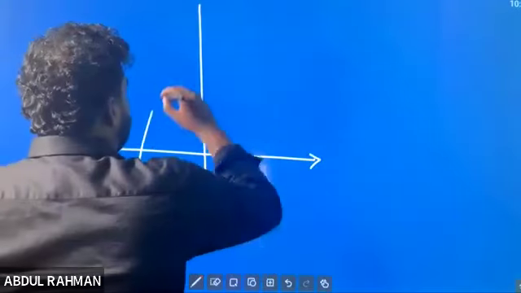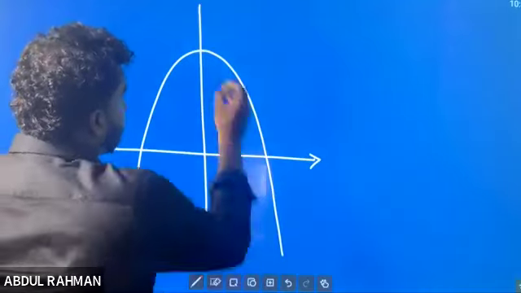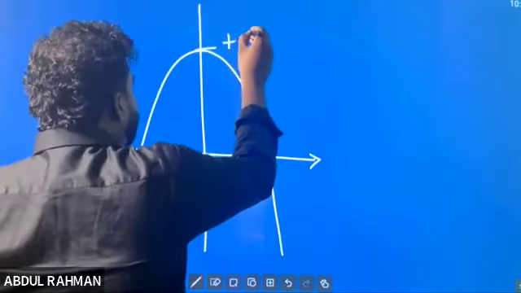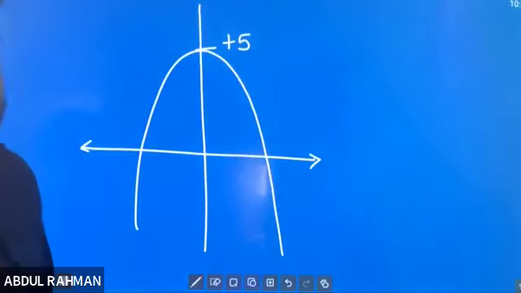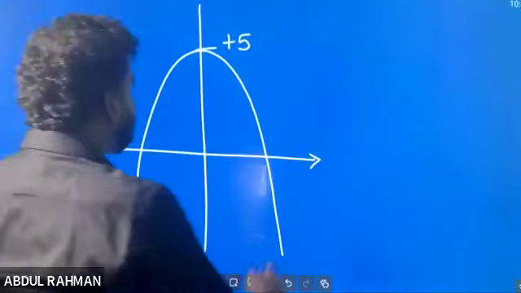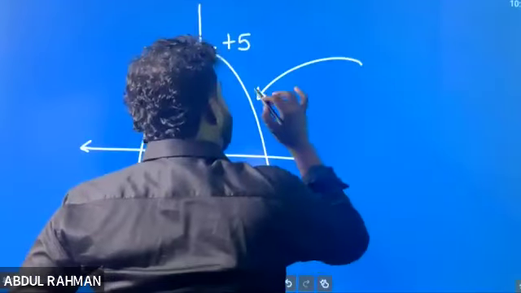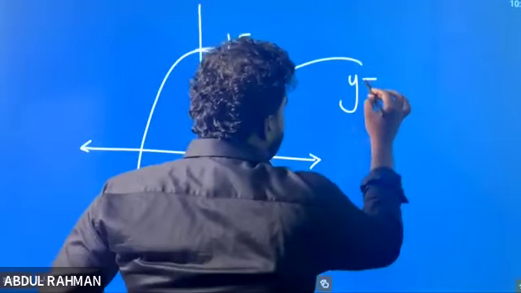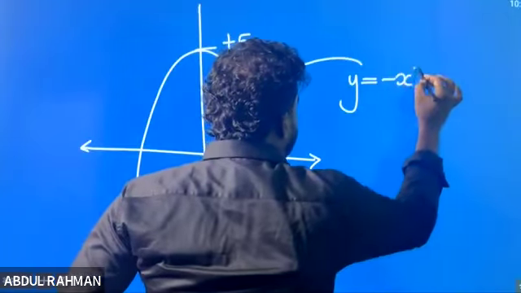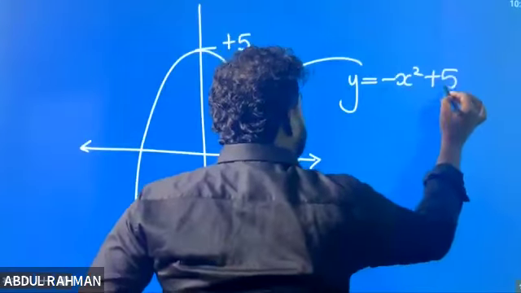Now they have given, this is my graph, where this is +5. Now they have given the equation here, which is y equal -x squared +5.